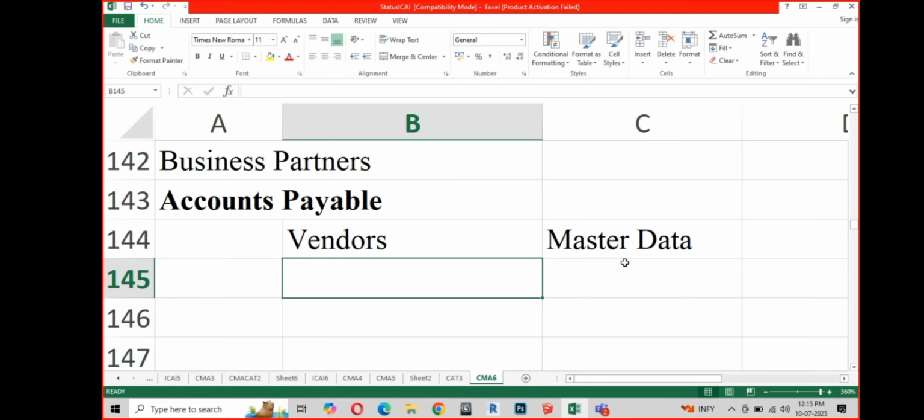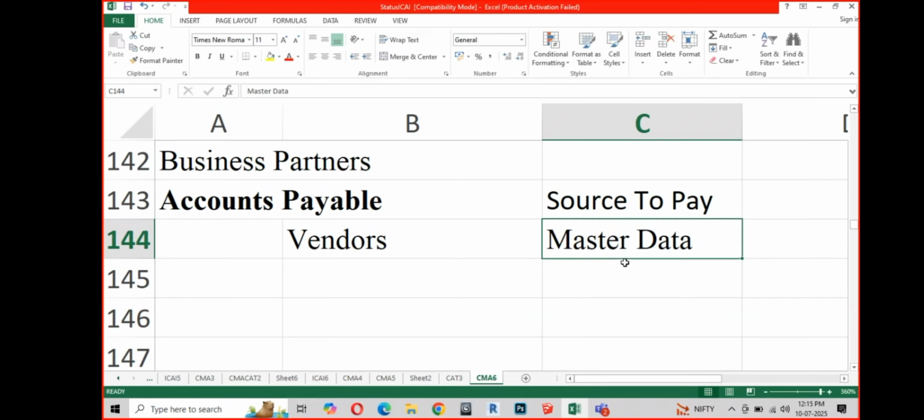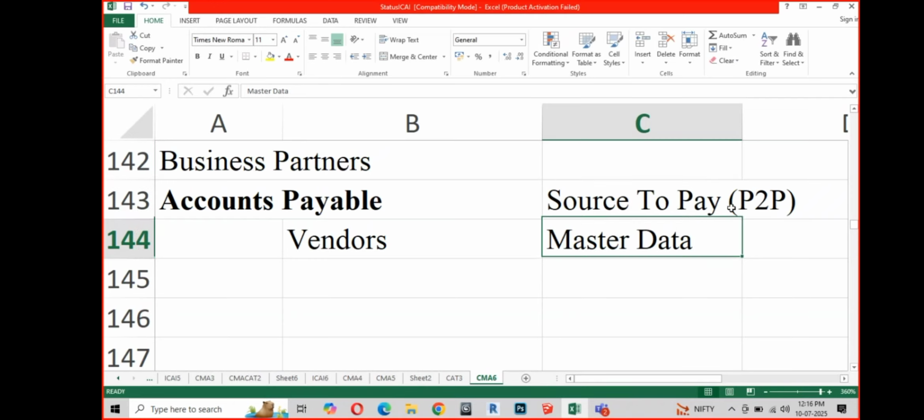Whenever you're talking of a vendor from the integration perspective, which are the two modules which we are going to integrate? The integration module is your source to pay, or in the ECC SAP, it was called procure to pay, P2P. Source to pay is a typical HANA term. Earlier it was the purchase to pay cycle or procure to pay cycle.